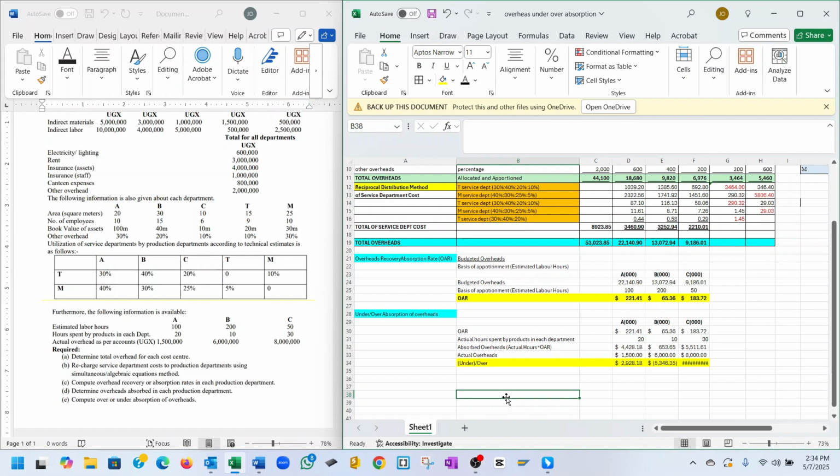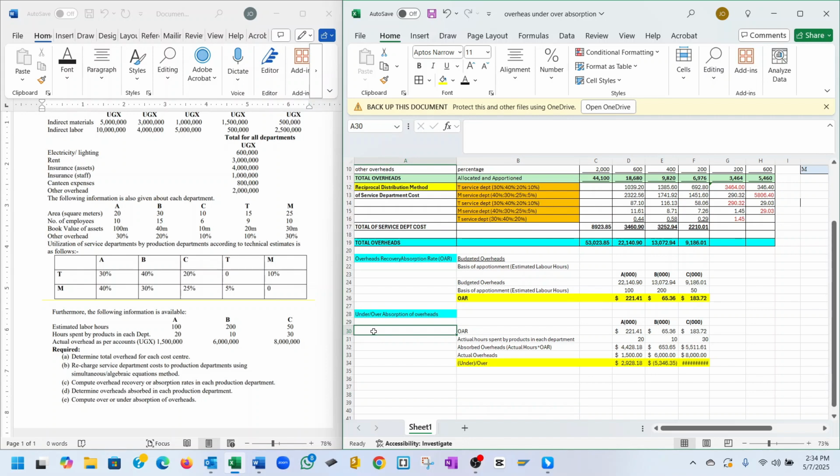Now, when we want to compute the overheads absorbed, we are going to look at the actual hours spent. The question gave you the actual hours.